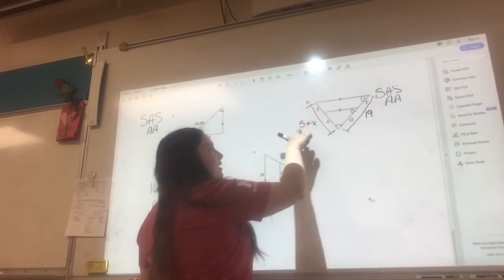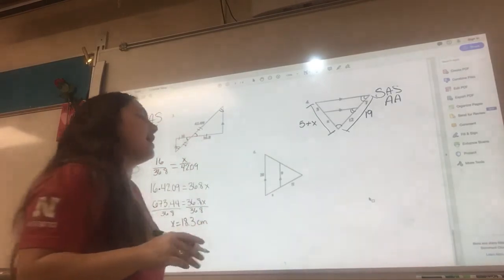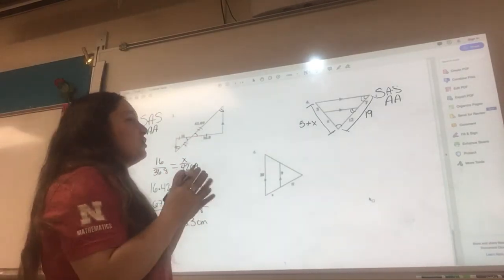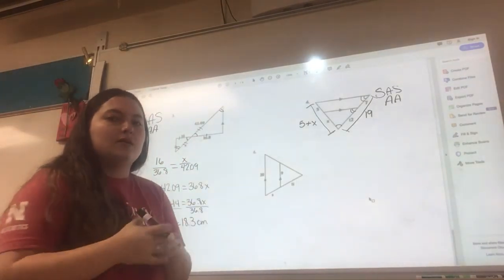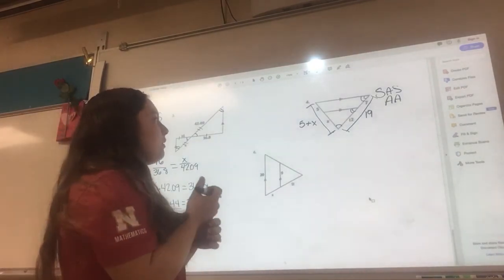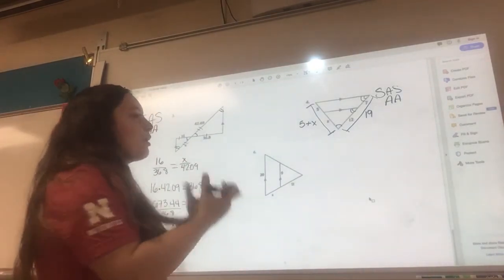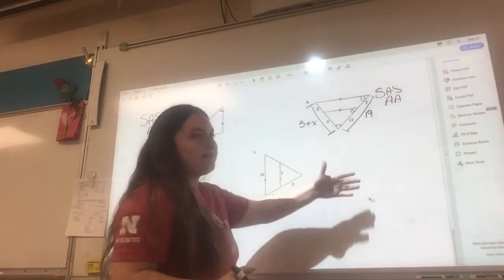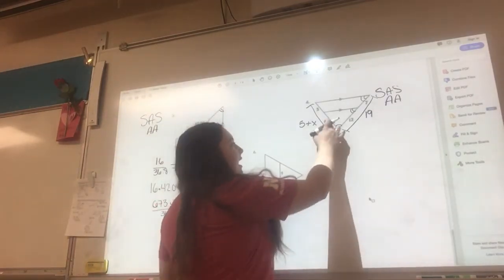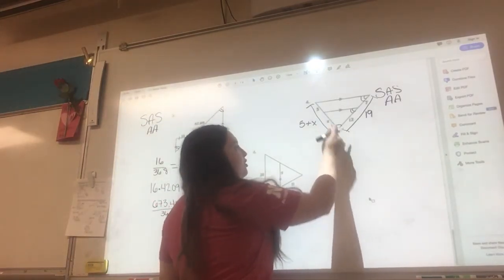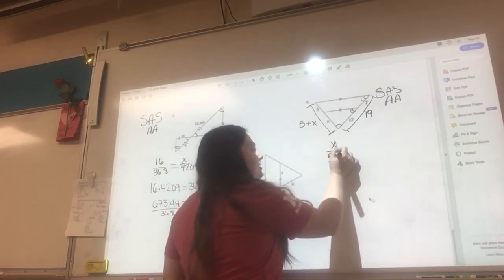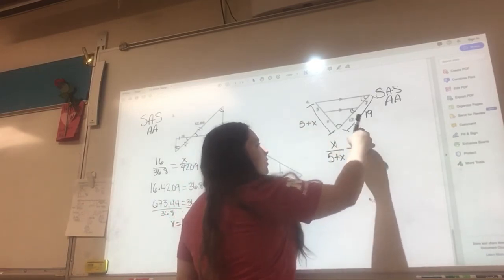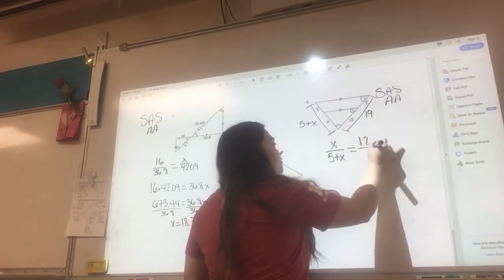So this is the trick: you're now dealing with a binomial, which is fine. You've known how to do this. It's the same thing. So what we now have to do is determine our proportion. Well, they're on the same side, so you should know that x has to be proportional to 5 plus x, and it has to equal 12 over 19.